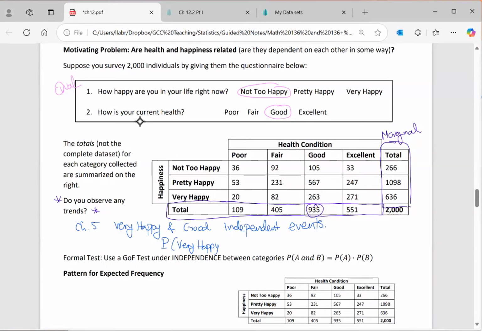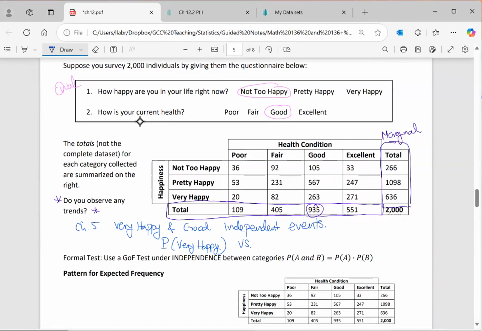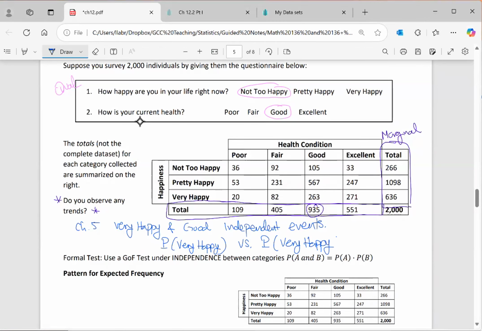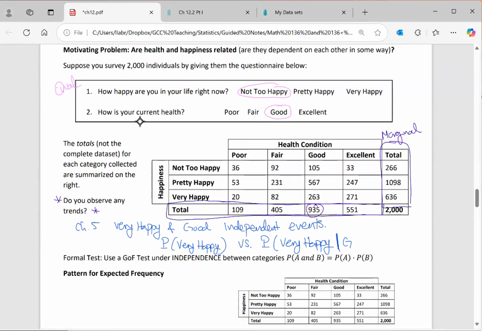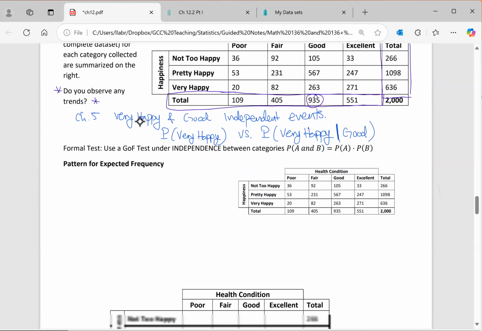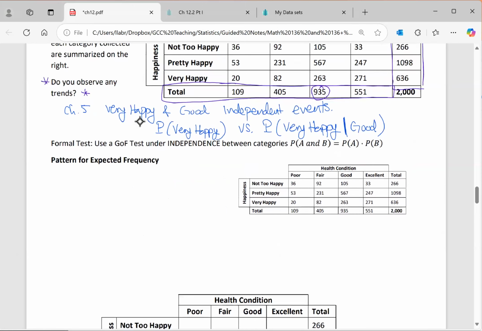And we compare that to the probability of the same thing occurring, in other words, very happy, but this time, given that we know this person replied with good to the other question. And if these probabilities are different, then good somehow has affected the occurrence of somebody replying with very happy. So this is how we showed that these were essentially dependent or independent events.